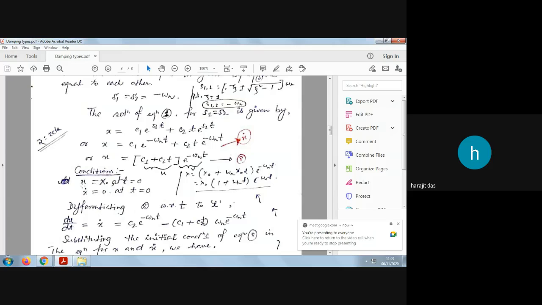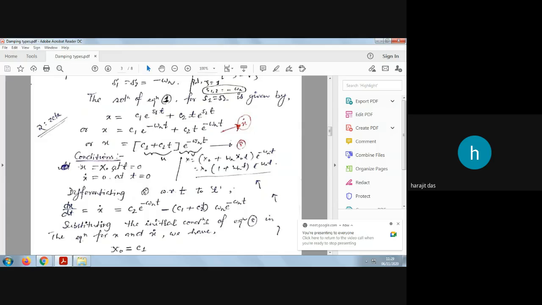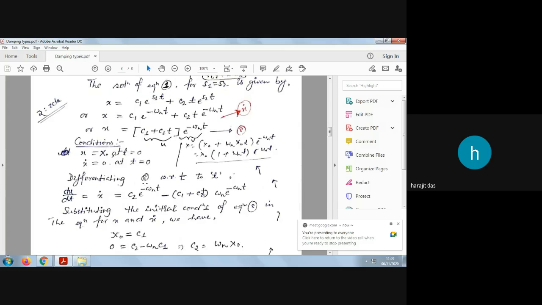So we got two expressions for the two initial conditions, for x and x dot. Here this expression we will put in the displacement equation, and here this expression we will put in the velocity expression. How will we find this velocity?